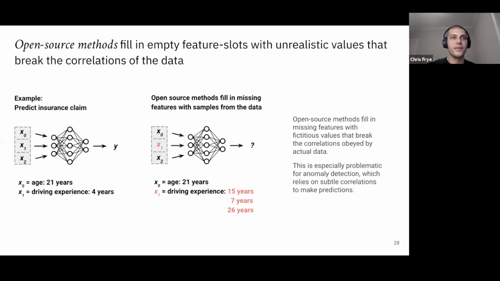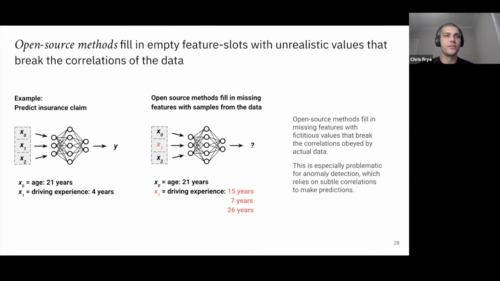Okay, so now it turns out that the open source methods for explainability actually fill in this empty feature slot with unrealistic values that can break the correlations of the data. Let's understand how this works. Suppose this is a model that predicts insurance claims. And suppose feature x0 corresponds to age, say this person's 21 years old, and feature x1 corresponds to driving experience, say this person has 4 years of driving experience.